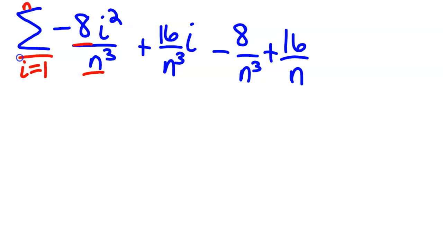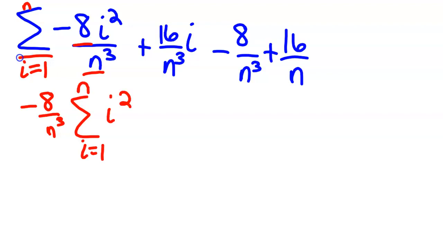Well, n is an actual number, like it was 3 in our example, because there were 3 rectangles. So n is a number and 8 is a number, so that's a constant. We can pull that out in front of our summation notation.